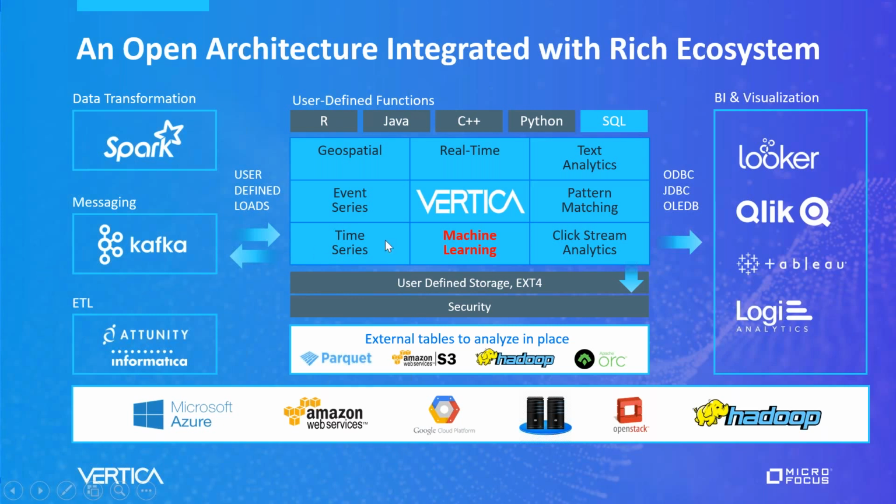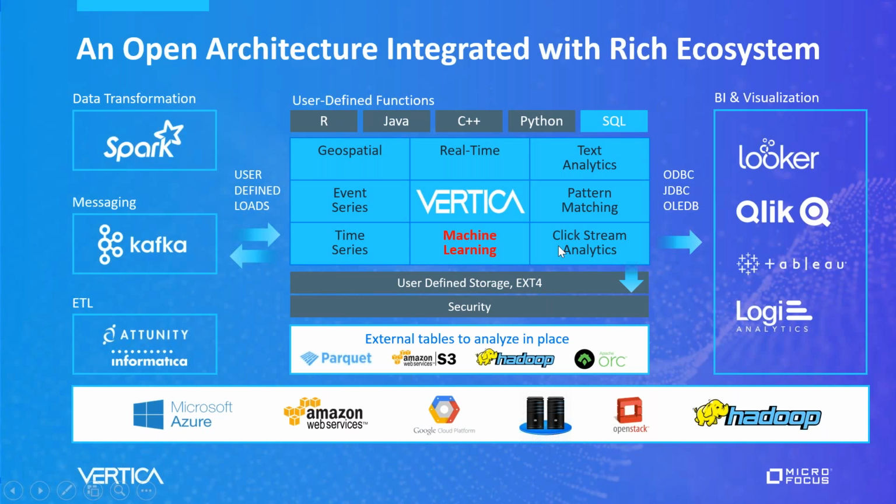They can read and write from Vertica. On the right-hand side, we have a lot of visualization tools like Tableau or Qlik or Cognos or MicroStrategy. All tools can read the data from Vertica. Vertica can store its data on a normal ext4 file system, or if you have your own predefined file system like Hadoop, Vertica can also read and write from Hadoop.